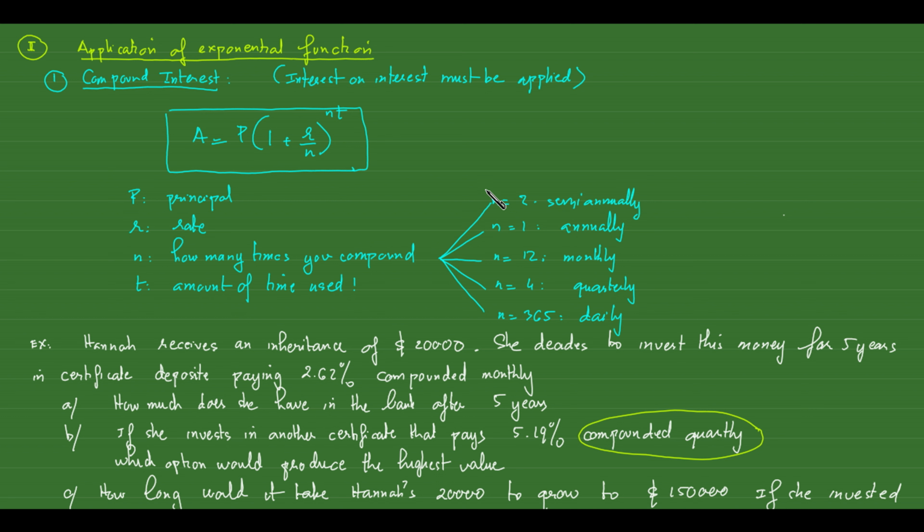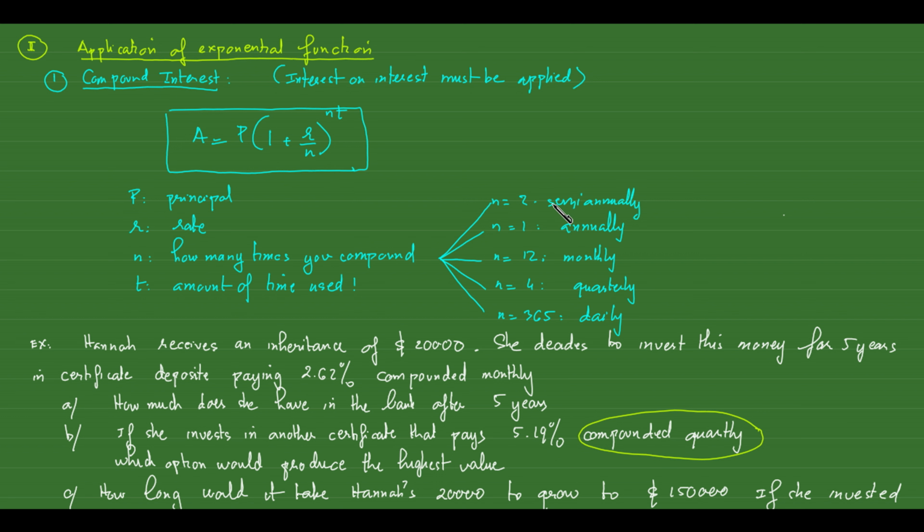Okay, and the formula used to calculate compound interest is A equals P times (1 plus r over n) raised to the nt. The n over here could be different, depending on how many times you compound.